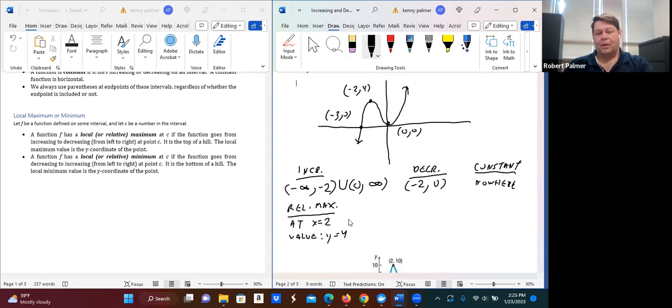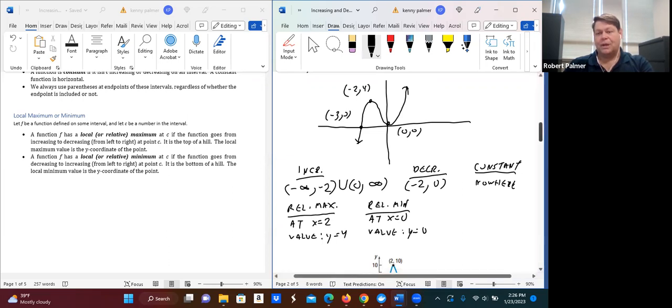Okay. Now, then a relative minimum value, we also have one of those. And you can have multiple ones, it doesn't have to be just one, it can be more than one. So here we have one of those. Relative minimum means it goes from decreasing to increasing at x equals 0. And the value of that relative minimum is y equals 0.